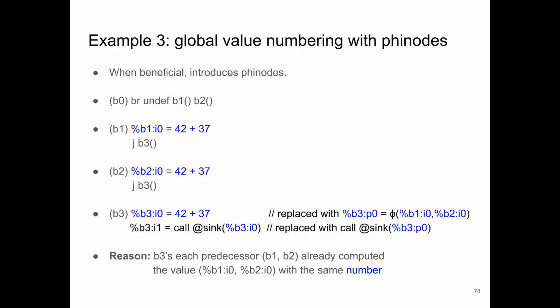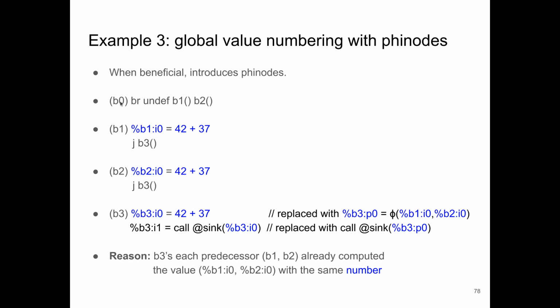And I'd like to introduce another example, which complicates what's going on in global value numbering. Sometimes, when it is beneficial, we want to insert phinodes to reduce the number of computations. So here's an example.